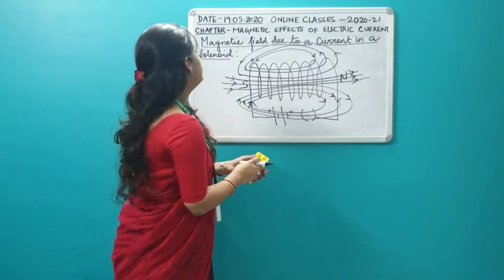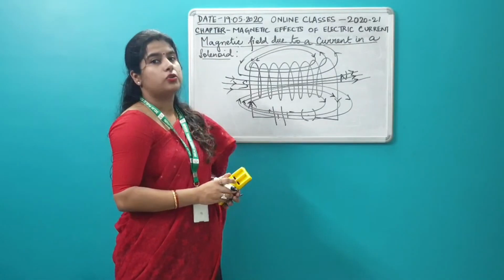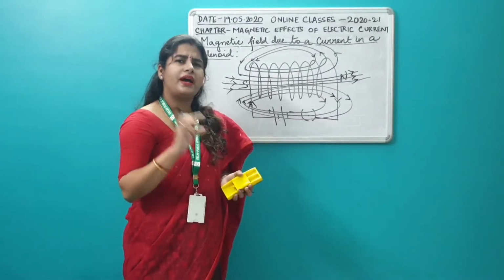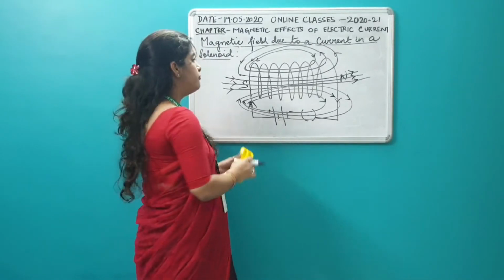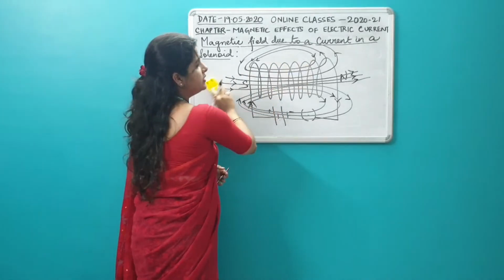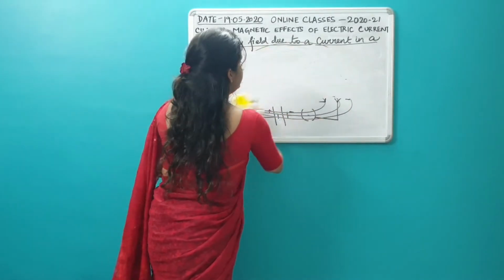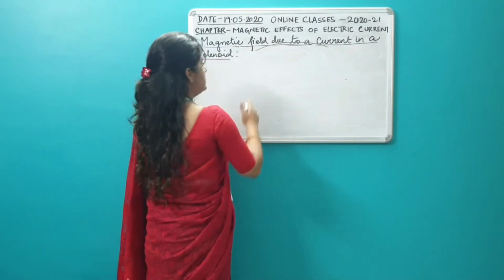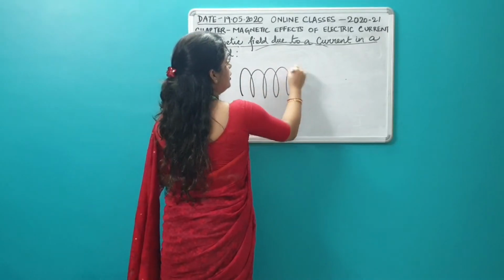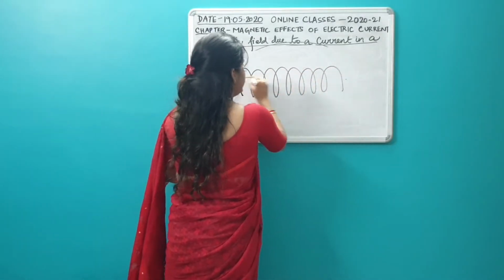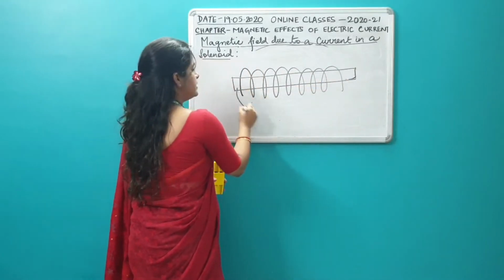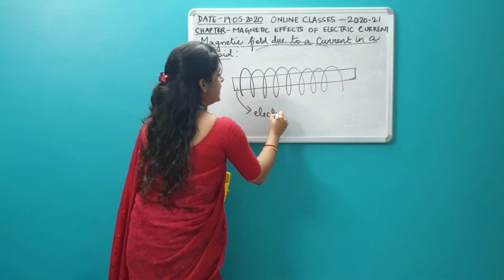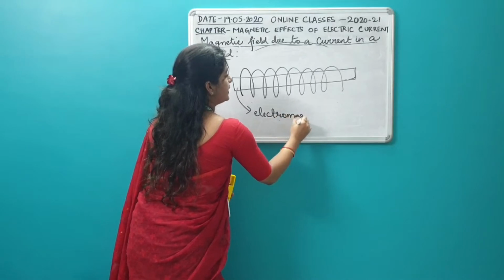Now, we can increase the strength of a solenoid just by passing a soft iron core through the solenoid. Instead of this structure, just the coil of wire, if inside you pass a piece of soft iron, this arrangement is known as an electromagnet.